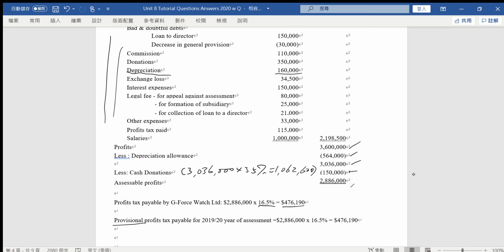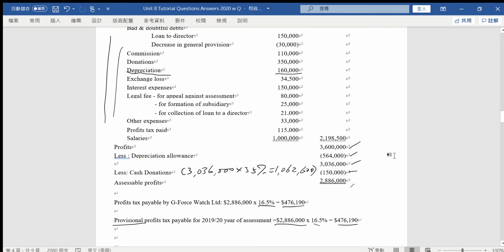That's why we will assume next year the company will have the same amount of assessable profit as the preceding year, and that's why we are using the same figure. That will be the provisional profit tax for the following year, which the company is required to pay in advance.